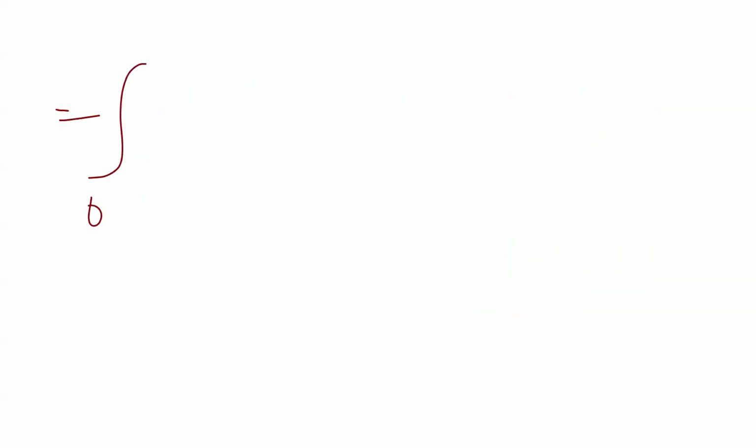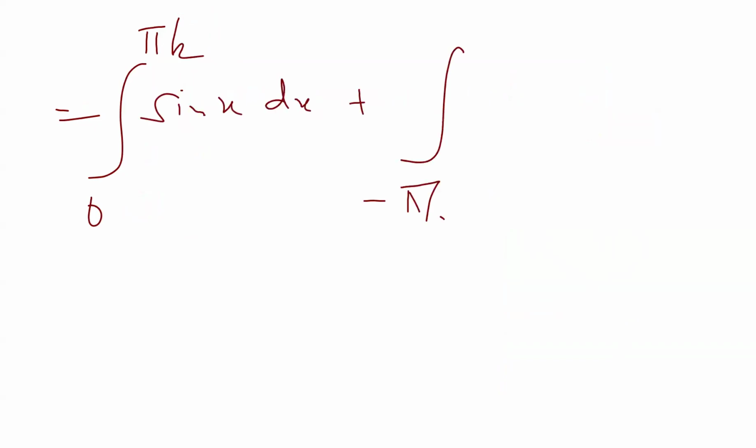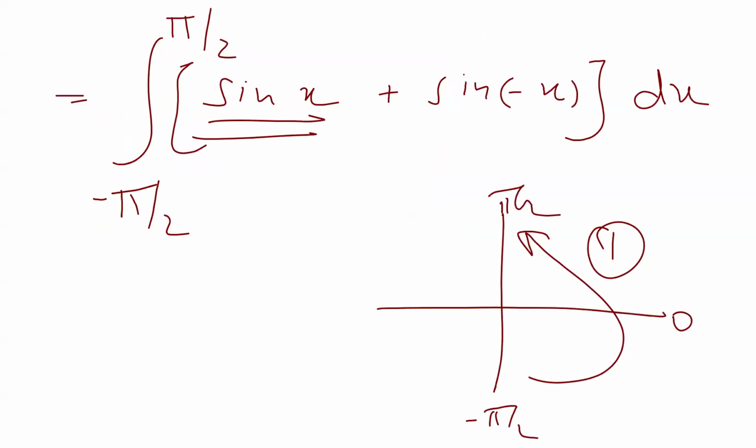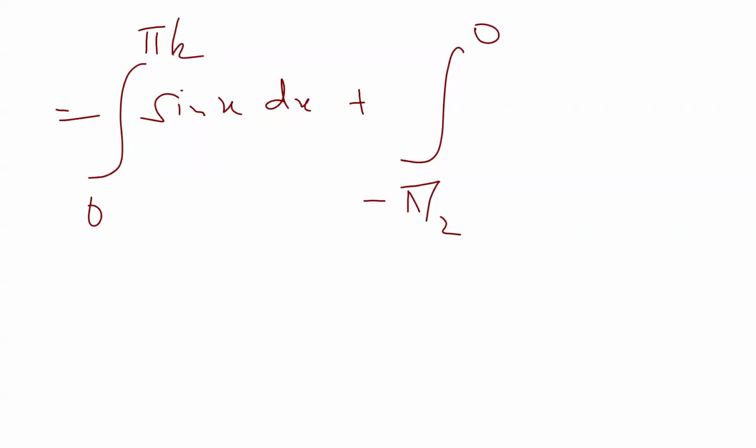And from minus pi by 2 to 0, which is the fourth quadrant, in this quadrant, sine is going to be negative. And you all know that sine minus x is minus sine x. So at the same time, sine minus x I have written as minus sine x. So this is the tricky part.